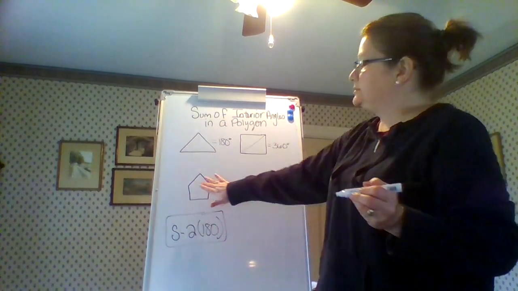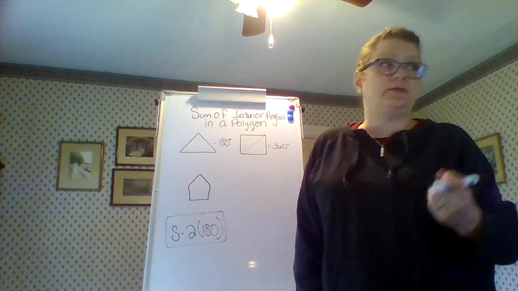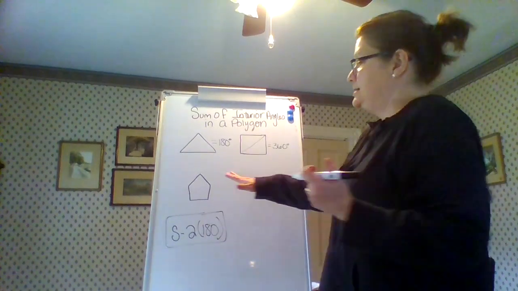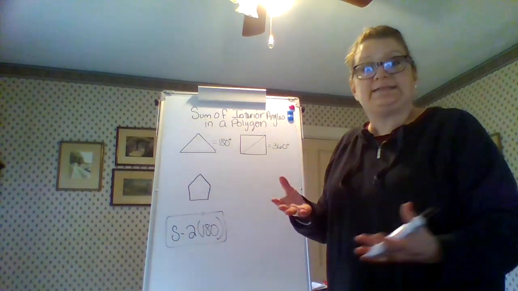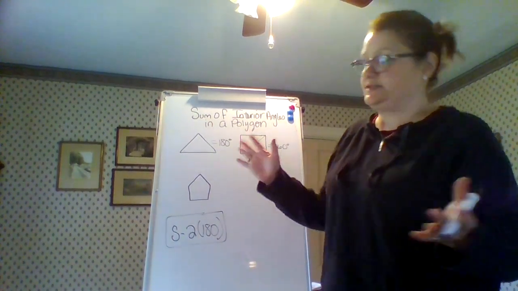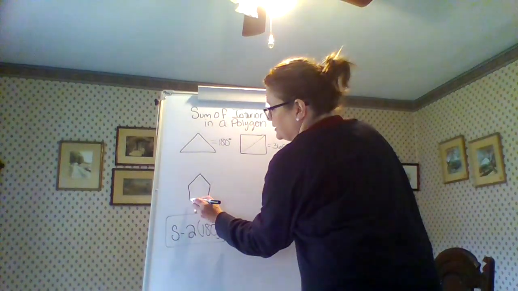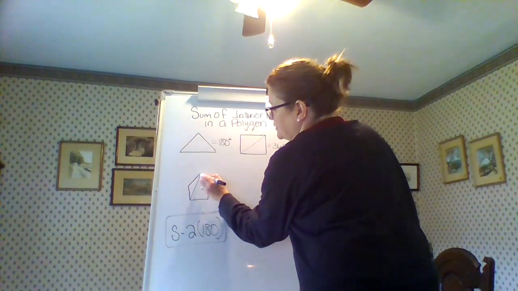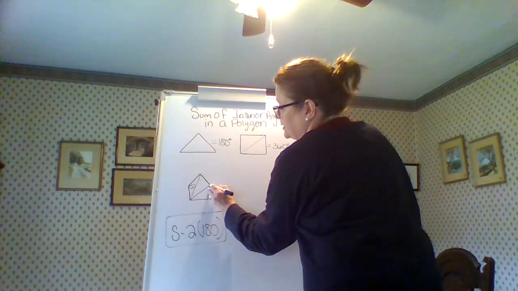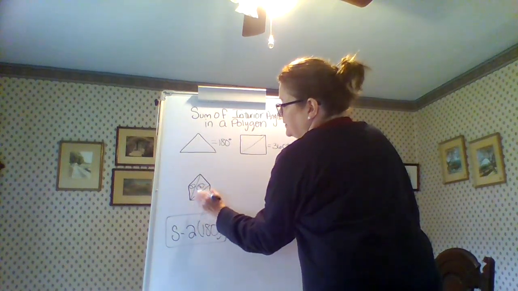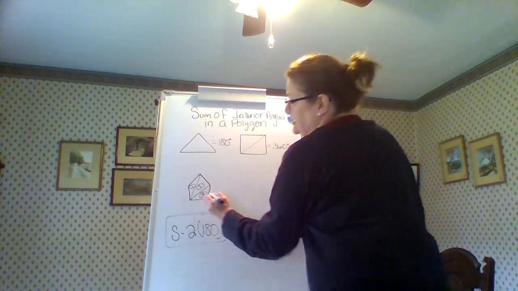Okay? Here's a pentagon, a five-sided polygon. I can start by trying to see how many triangles I can make out of this polygon. If I start here and draw a line to the top, that's one triangle right here. If I draw a line from here to here, there's another triangle, and that leaves me with a third right here.